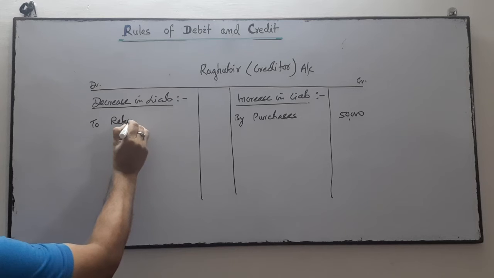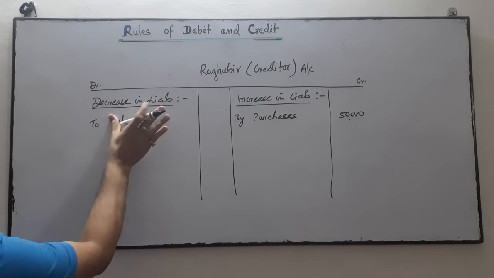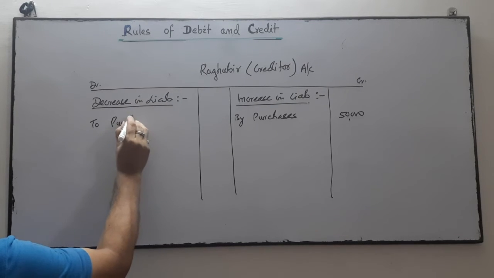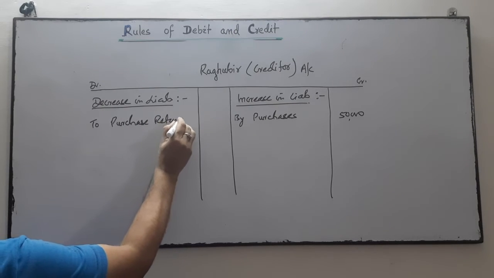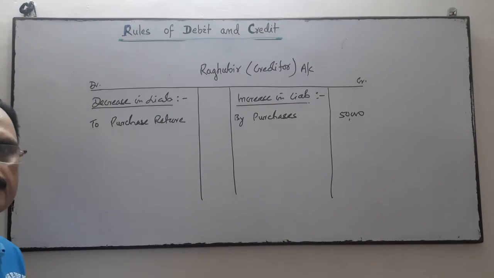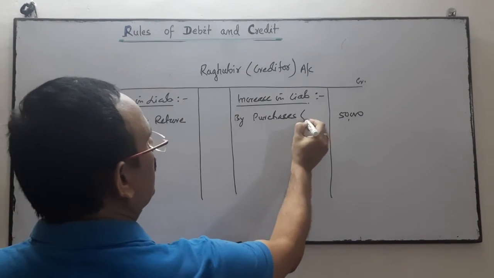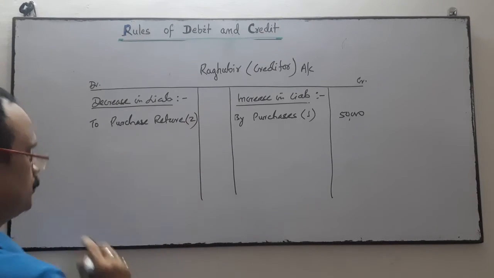This is your purchase return. This one is transaction number 1 and this one is transaction number 2.